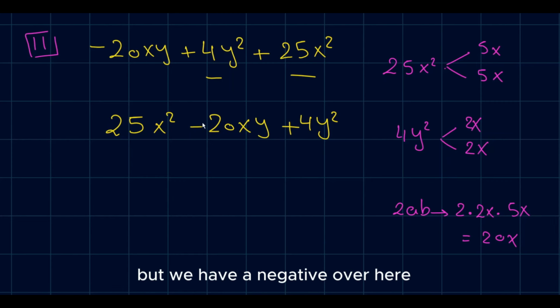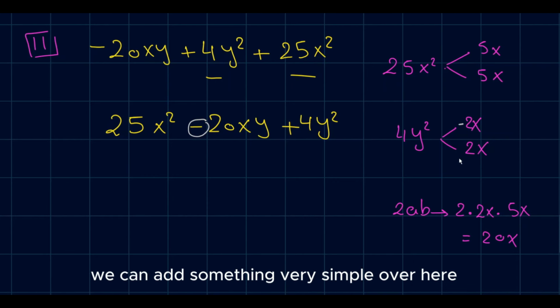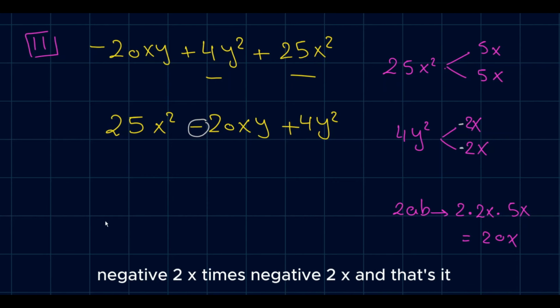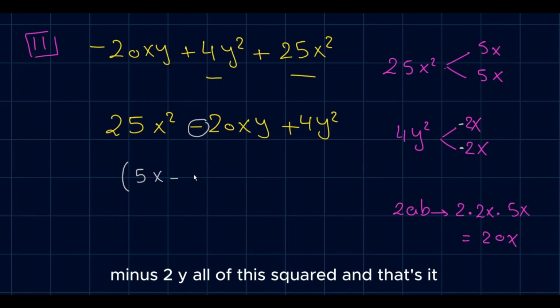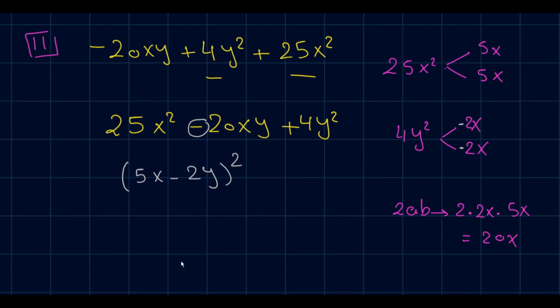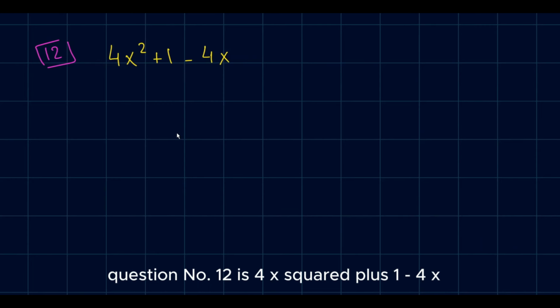But we have a negative over here. We can add something very simple over here, negative 2y times negative 5x. And that's it. We're gonna have two brackets, 5x minus 2y, all of this squared. And that's it.